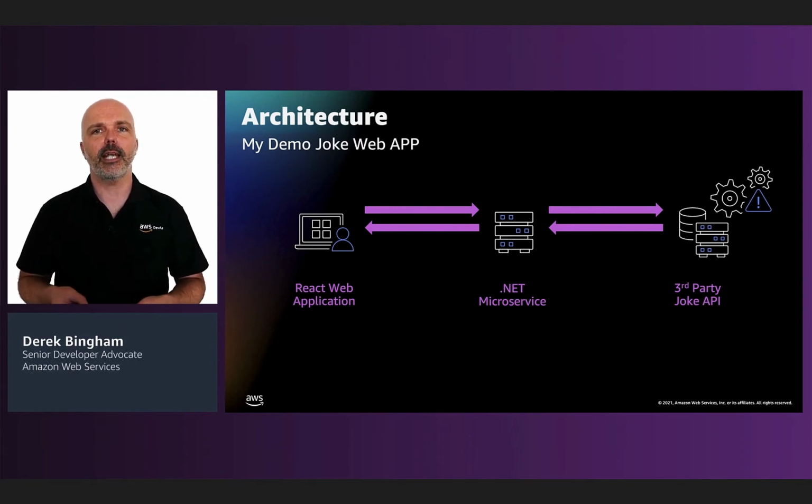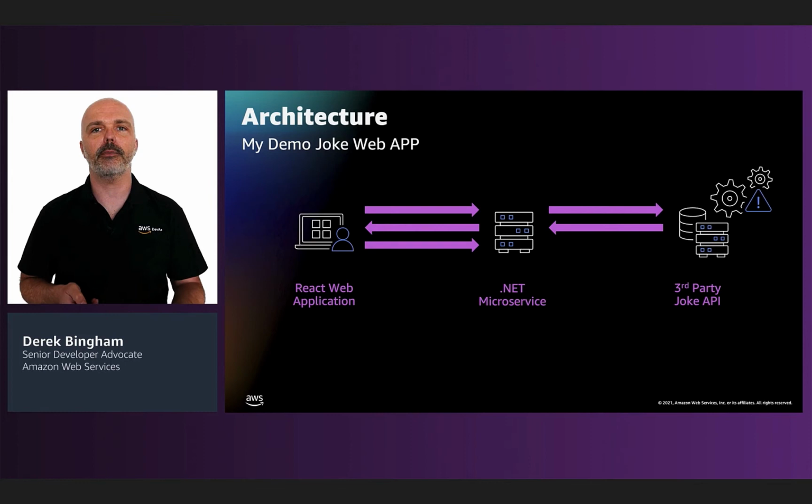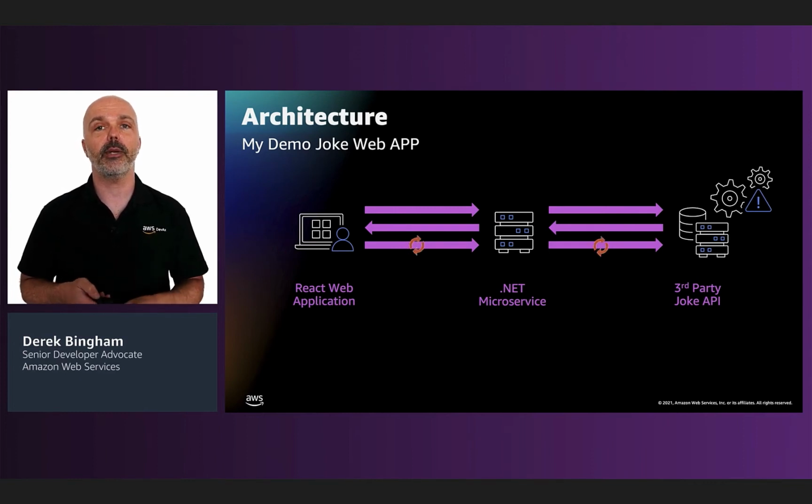So during this talk today, I'm going to simulate that by getting the third-party joke API to respond to all requests after a random number of seconds. So if a client hits my .NET microservice and my .NET microservice proxies, it could be waiting for an indeterminate amount of time, which could then mean that my React web application could also be waiting for an indeterminate amount of time.